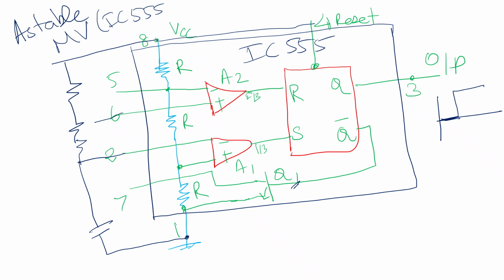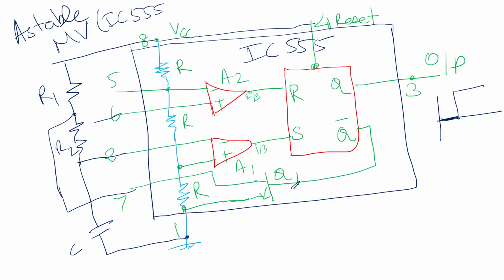Capacitor is grounded. So this resistor is R1, R2 resistor, and a capacitor C. This is the extension of IC 555 timer as an astable pulse train generator.